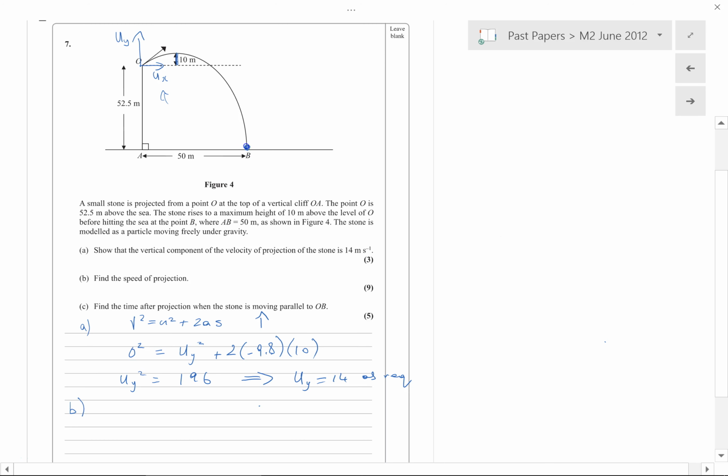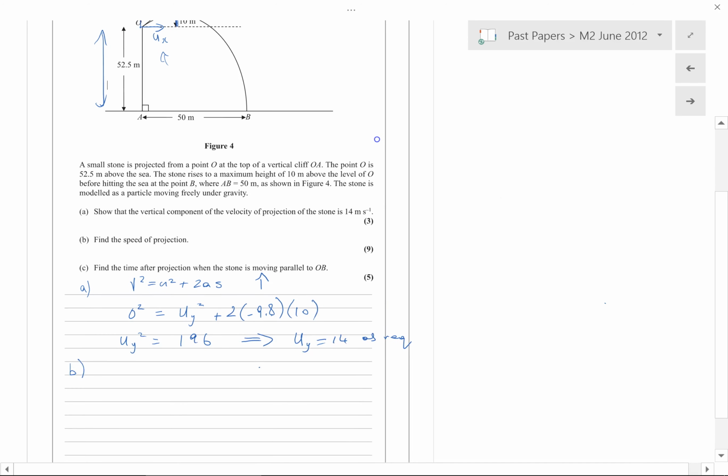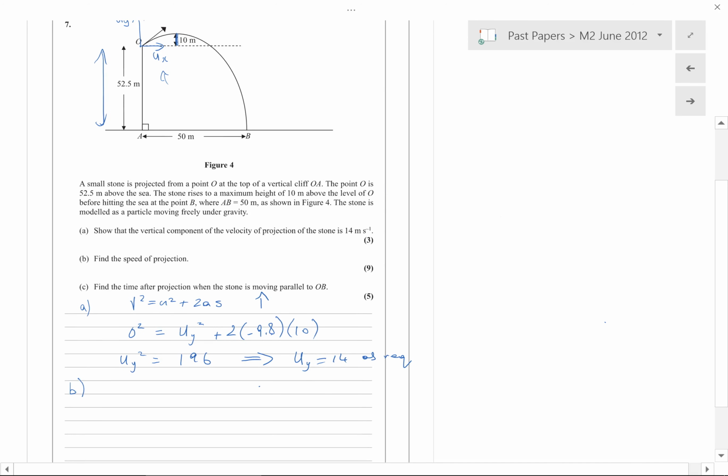I can work out the time taken to get there using the height, minus 52.5, with the vertical component I now know is 14, and the fact that it's dropped 52.5 in a certain amount of time. So we can work out the time taken. If we can work out the time taken, then we can use the horizontal component, which must be constant, to work out what the horizontal component of the speed would be. So that's what I'm going to do. Look at what we know.